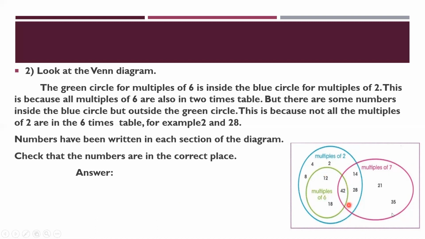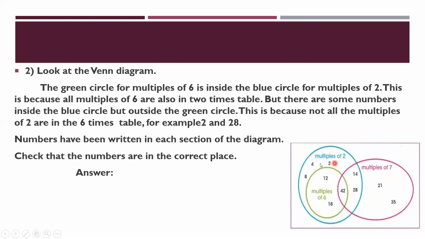And this purple loop resembles multiples of 7. Now, here you can see an intersection. That is an intersection of multiples of 7 as well as multiples of 6. So whatever number comes over here should satisfy the condition that it is a multiple of 7 as well as a multiple of 6. Only this much. So let's start with the blue loop.